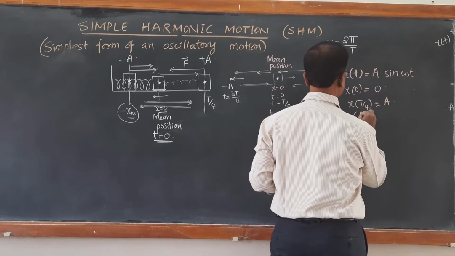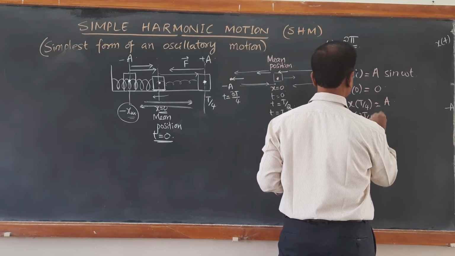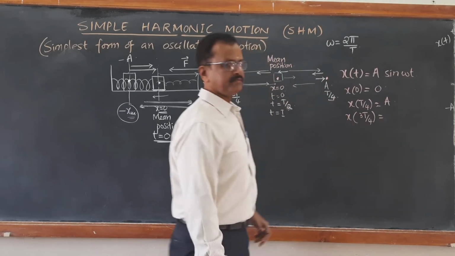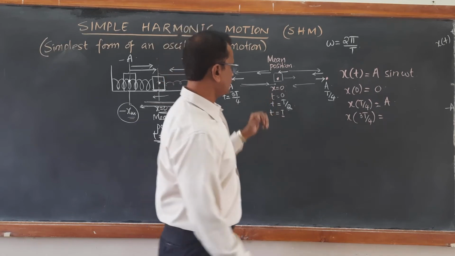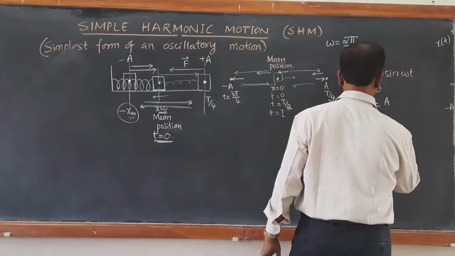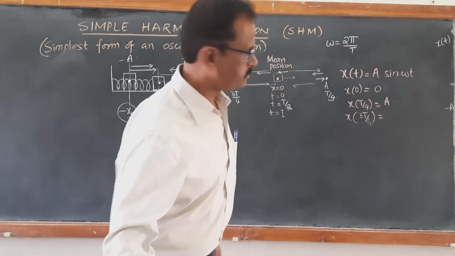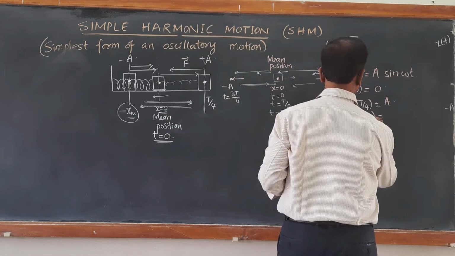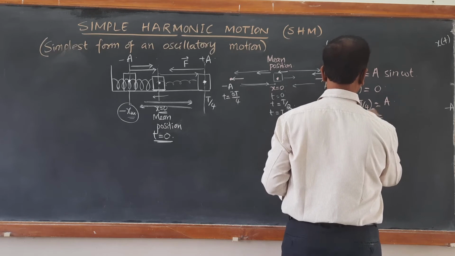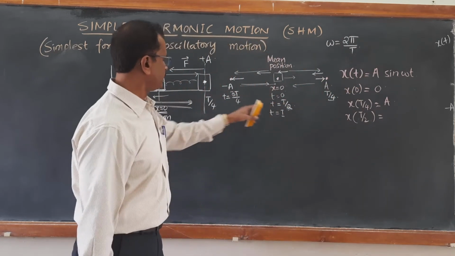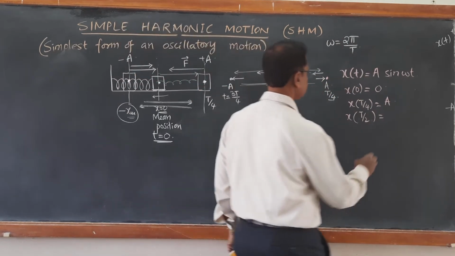At time t equal to T/2, it's not 3T/4, it's T/2. At T/2, you see, it will be having 0 again.